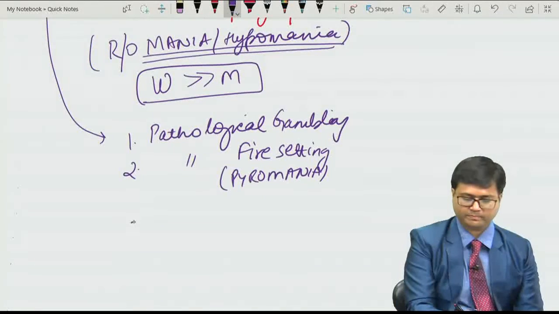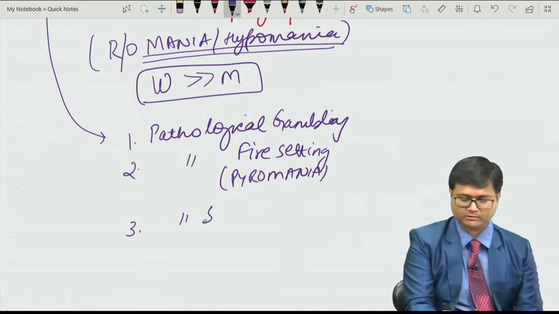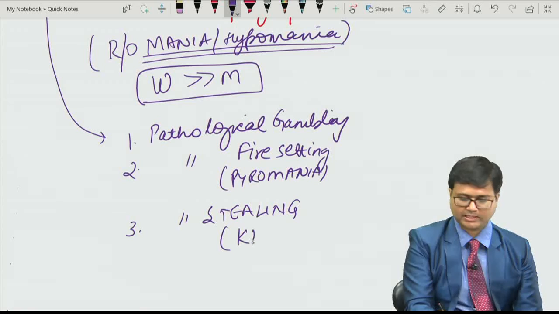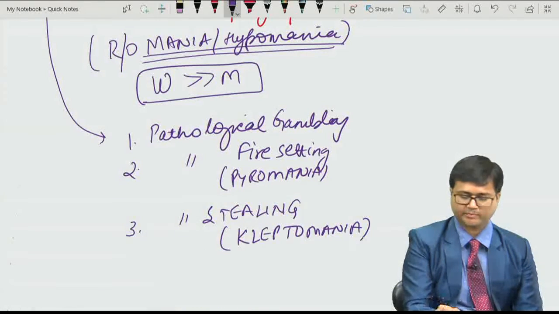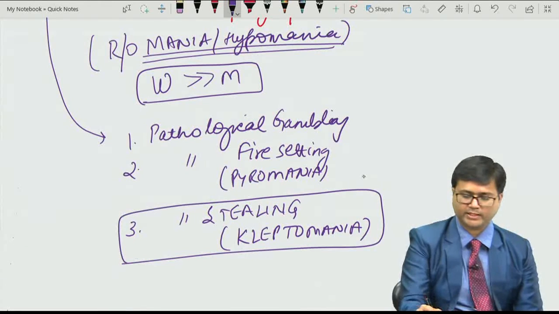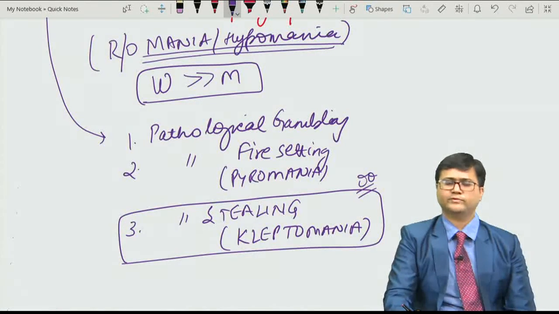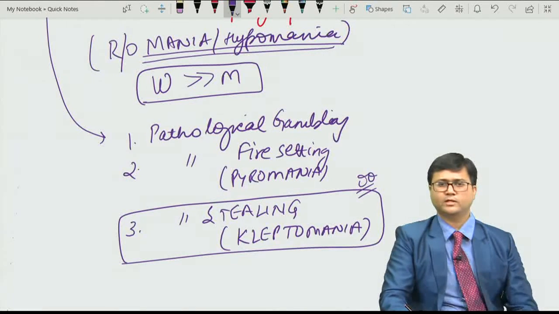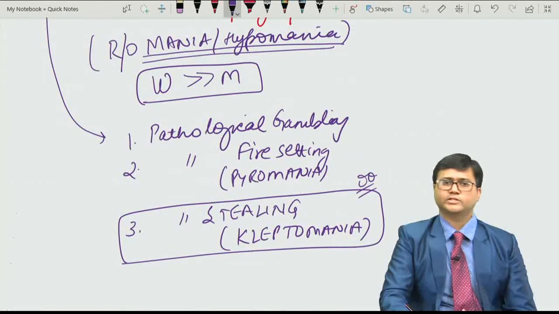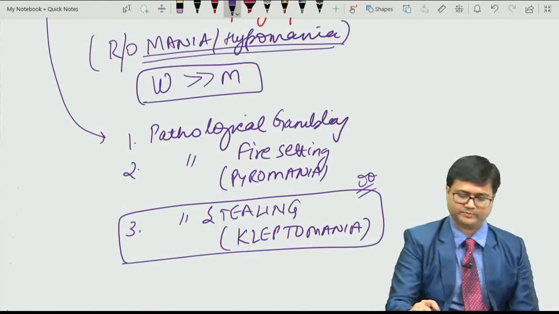Then there is also pathological stealing, that is kleptomania, again important. In this, the person does not steal for any monetary or other benefits, but because of the urge to steal. That is why the person would steal. So these are some of the important habit and impulse disorders.